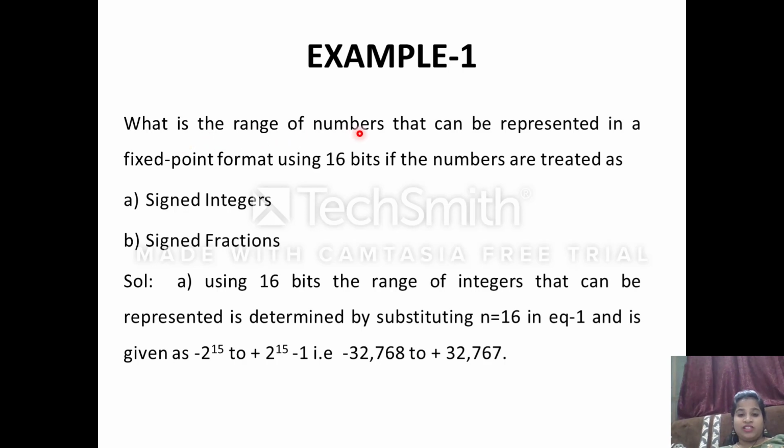So what is the range of the fixed point representation? What is the range of numbers that can be represented in a fixed point format using 16 bits? The numbers are treated as signed integers and signed fractions. What is the range for signed integers? It is minus 2 power of n minus 1 to 2 power of n minus 1, minus 1.